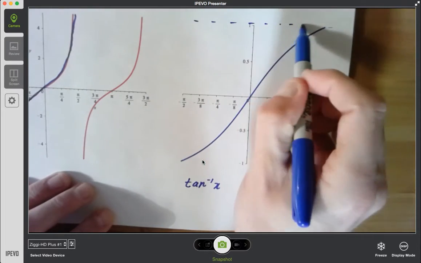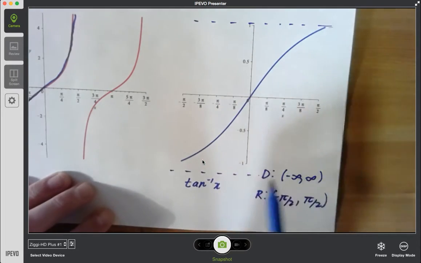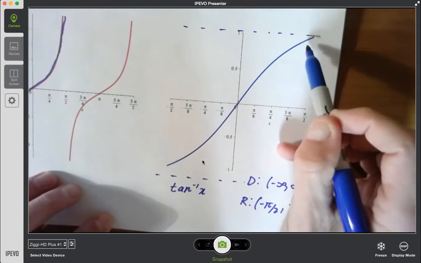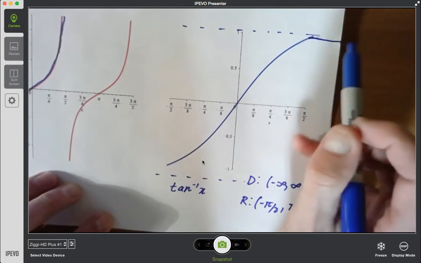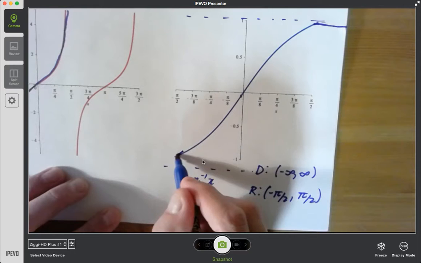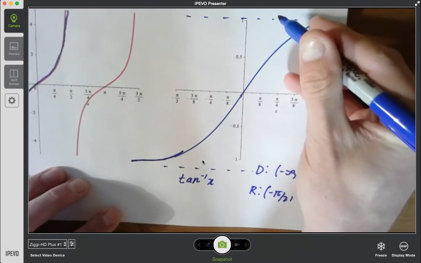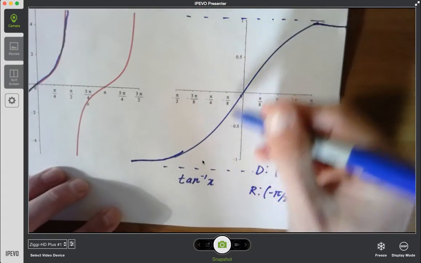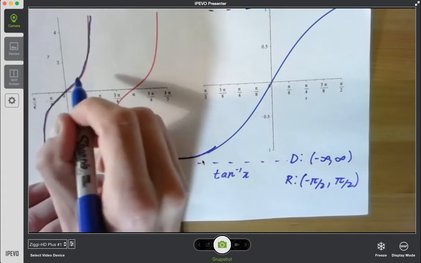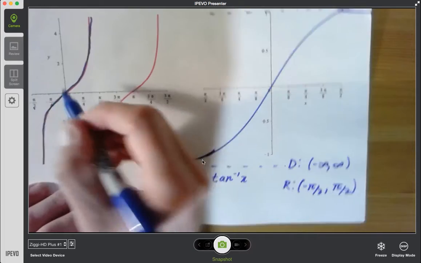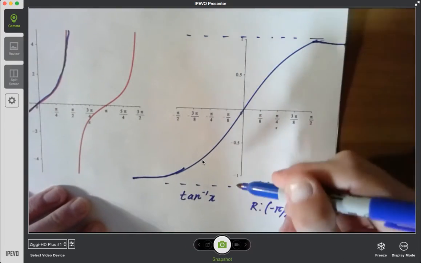So our range is somewhere up here and down here, a little bit past -1 and 1, about 1.57, and it's going to follow that asymptote forever. So our domain is all real numbers, but our max and our min have to be between -π/2 and π/2, because that's the domain restriction on tangent. That becomes the range restriction on our inverse.